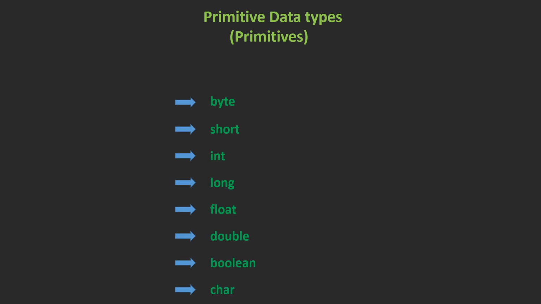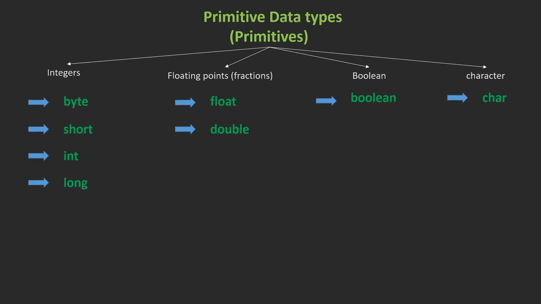But let's put them in a classification form to be more readable, where integers are used to store integer numbers or whole numbers, while floating points or fractions are used to store numbers with fractions or decimal places. Then boolean, and we will learn about it later in this section. And also we have character data types.